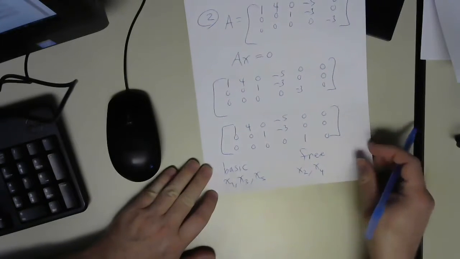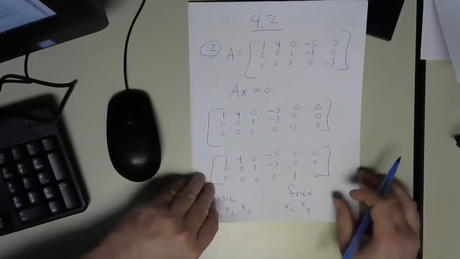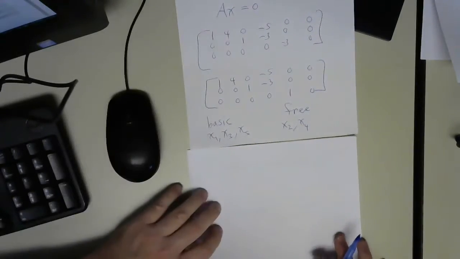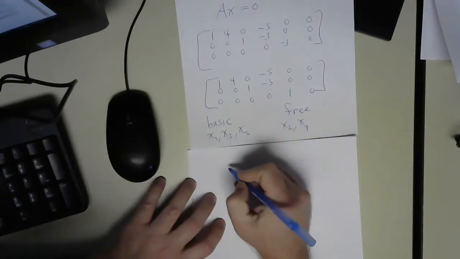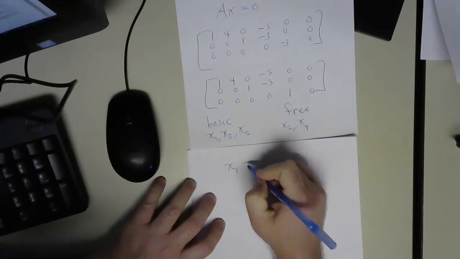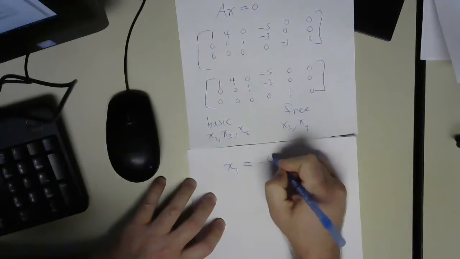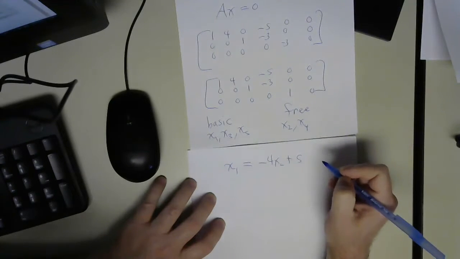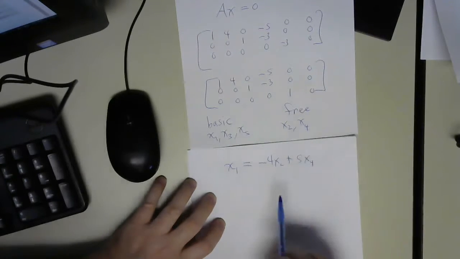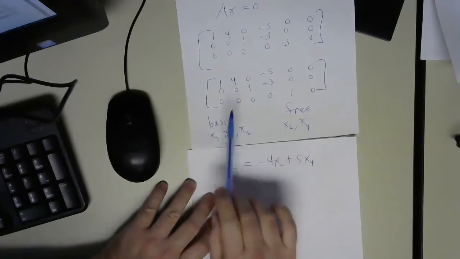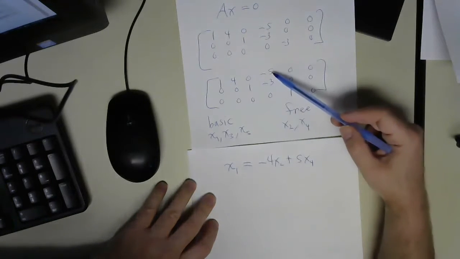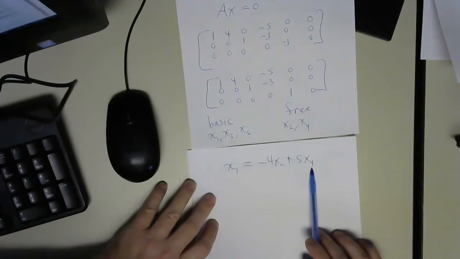So let's characterize the solution set. So the first equation is really this when you solve for x1. So I'm really bringing 4x2 over to the right-hand side and making it negative, and I'm bringing -5x4 over to the right-hand side and making it positive.